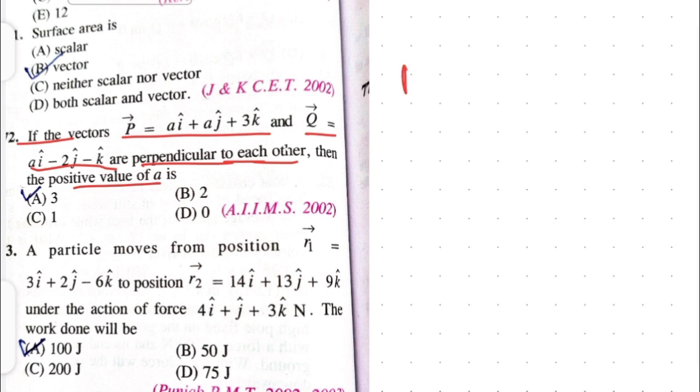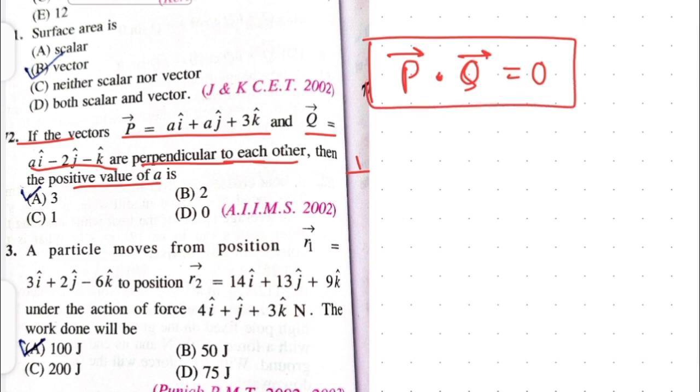We know if I have two vectors, P vector and Q vector, and if they are perpendicular to each other, that means their dot product is equal to 0. This will be the key to solve this kind of problems. Whenever it is written that two vectors are perpendicular to each other, we will start with this: first vector dot second vector equals 0.